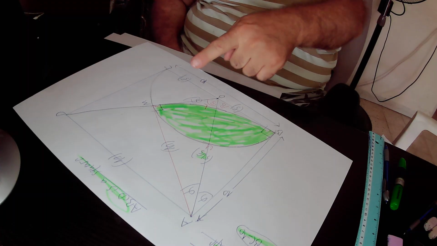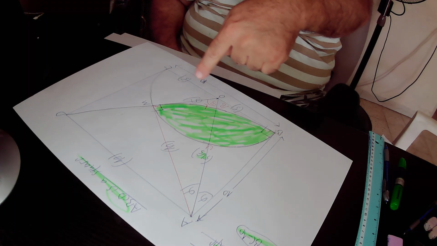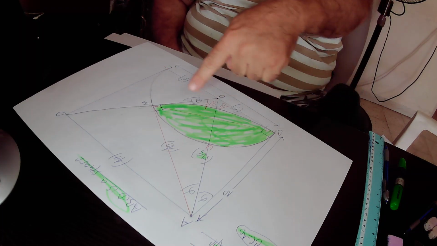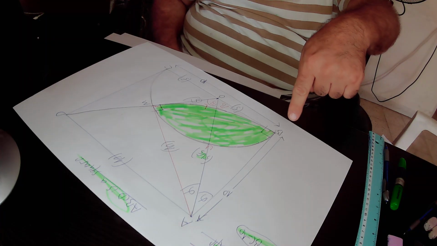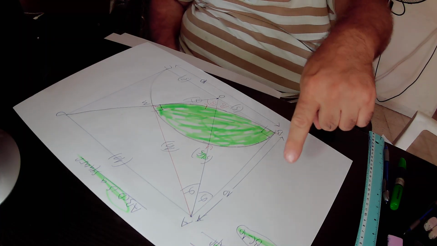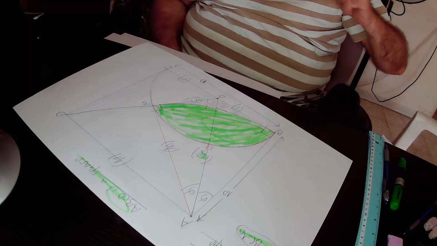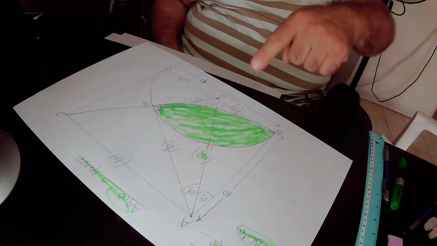So first of all, we find out the size of the lower segment MLB. This is the lower segment MLB. In order to find out the size of the lower segment MLB, I'll copy sector ABM. In your question, you analyze this sector ABM.